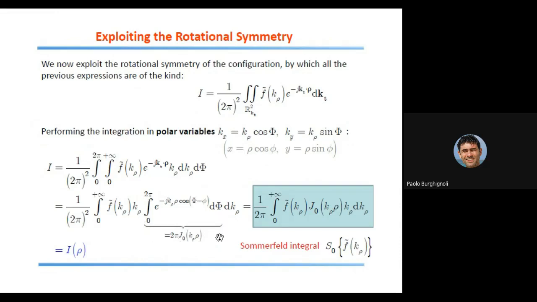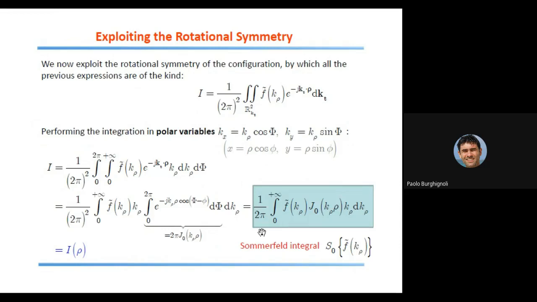So we are able to perform this integration analytically, and we discover that the result is independent of the azimuthal spectral angle capital phi. So in the end, we get a representation of the potential in terms of a single spectral integral instead of a double spectral integral, which is an advantage.